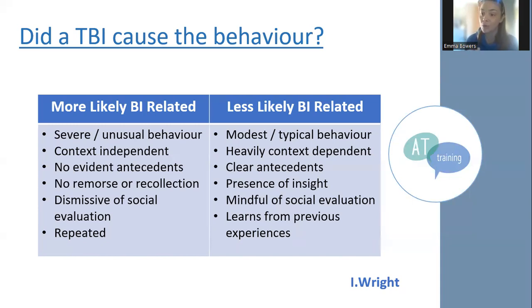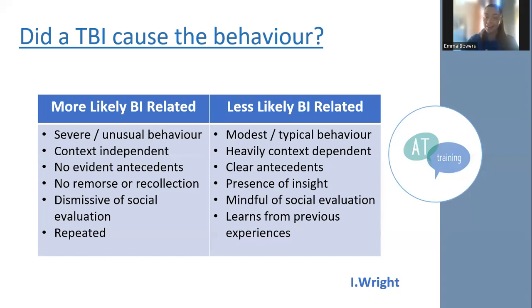If they are doing so, you may attribute that to being more likely caused by TBI. These factors don't all need to be present to say this is definitely a TBI. And we're possibly not ever always going to be able to say this is absolutely due to the TBI, this absolutely isn't. But these are really supportive factors in trying to differentiate and identify what is typical teenage risk-taking, sassiness versus something that may be symptomatic of a traumatic brain injury.